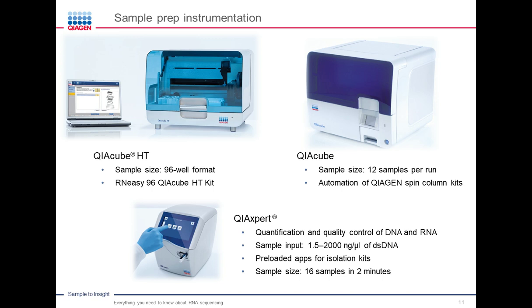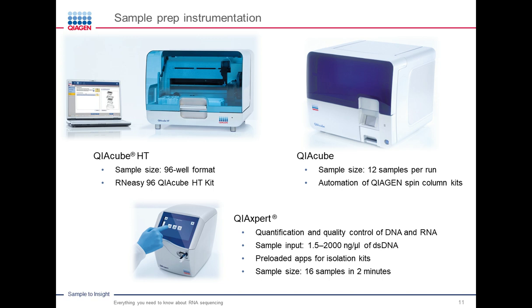Now your QIAcube, this is a 12 sample per run isolation solution, and basically enables automation of any of the QIAGEN spin column kits. I like to say that this is basically an extra pair of hands that you have in your lab. You load your samples on, and ultimately everything is performed and you get your isolated nucleic acids.